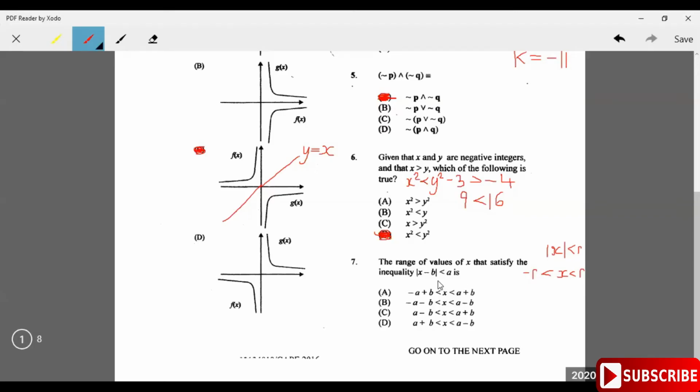So from that, if we're solving for the modulus of x minus b to be less than a, what we're getting is x minus b is between a and minus a. If x minus b is between minus a and positive a, then x is between a plus b, and we bring b over here as well, and we get minus a plus b.